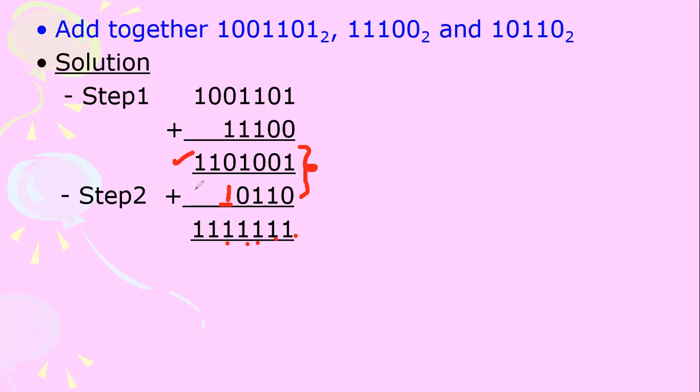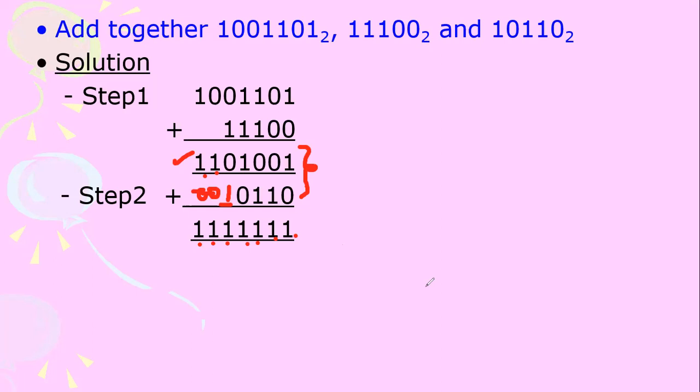And then because there are no digits here, we can drop down this 1 and this 1. Or simply assume that below here, we have zeros. Therefore, 1 plus 0 will give you a 1. Then we move on to the last one, the most significant bit 1. So 1 plus 0 will give us a 1.